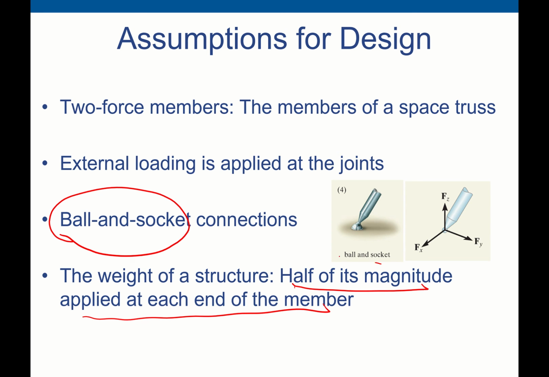Like I said, this ball and socket has 3 restrictions. That is x-axis directional restriction, y-axis and z-axis. There are translational restrictions for the ball and socket, but rotation wise it's free.